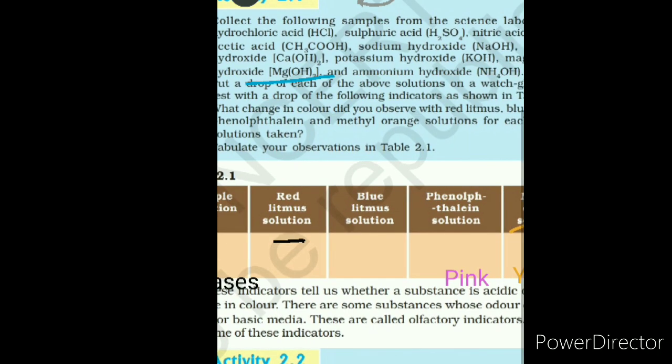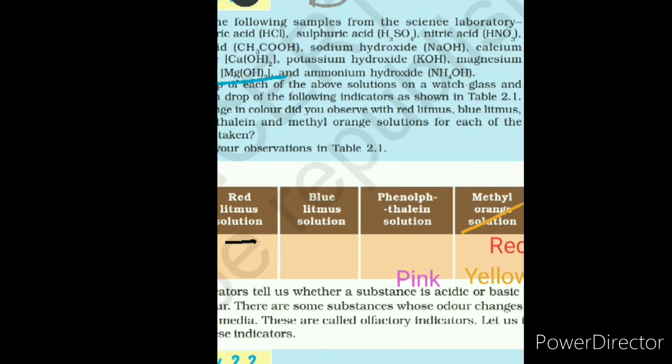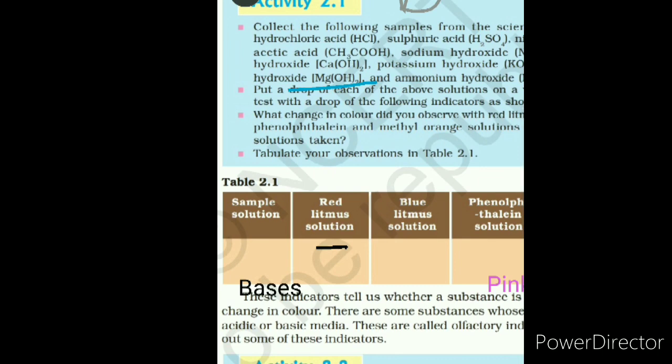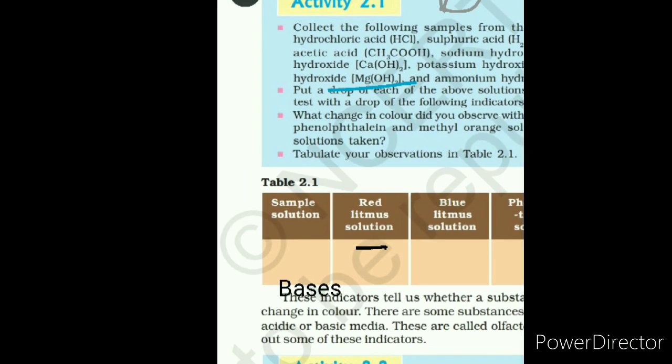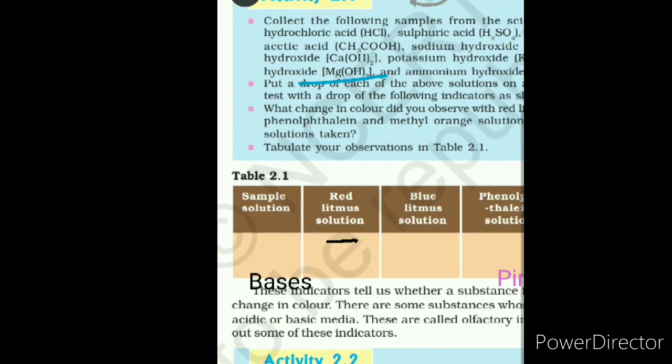So when we add acid to the cloth strip which has been packed with the chopped onion, the smell of the onion does not go, it will remain as it is. But when we add a base to the cloth strip, then the smell of the onion will vanish.